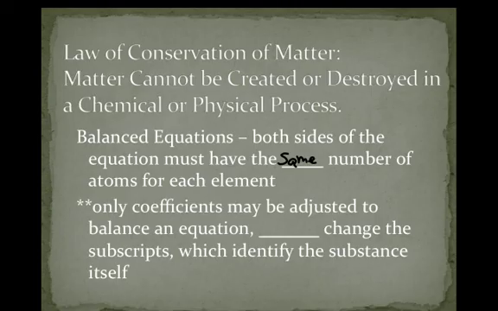You cannot change the subscripts. So instead of saying cannot, I'm going to make a bold statement and say you never change the subscripts, because the subscripts are what identify the substance as what it is. Never change the subscript.